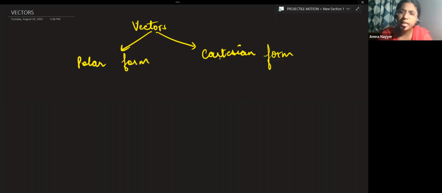Cartesian form basically involves all the axes of the graphs, x-axis, y-axis, z-axis, and i cap, j cap, k cap, all these unit vectors also come. That we'll see in Cartesian form.